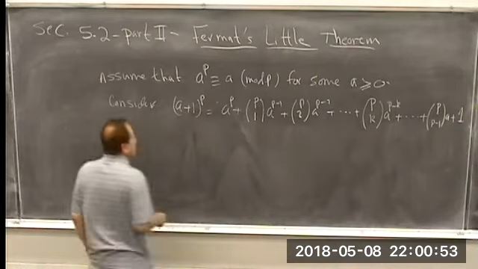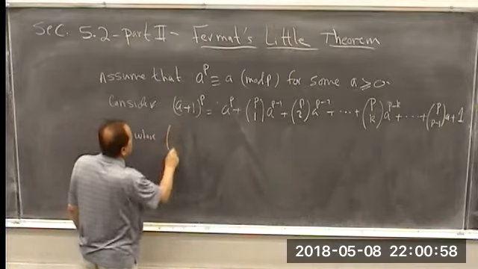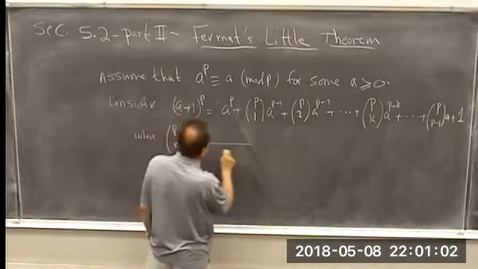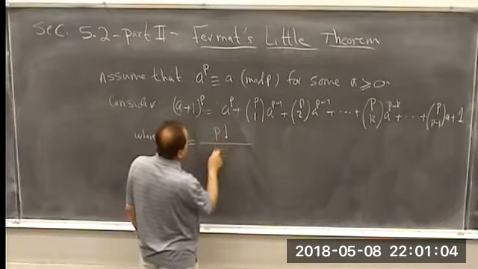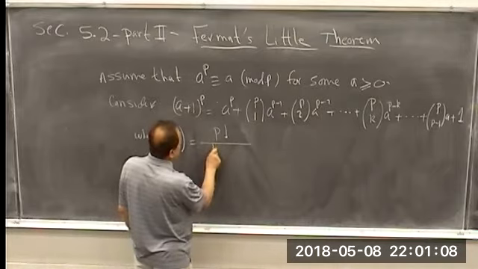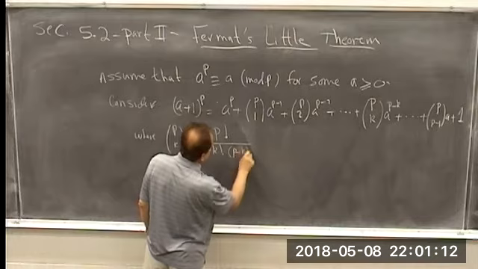Now let's look at the binomial coefficient, where p choose k is equal to p factorial over k factorial times p minus k factorial.